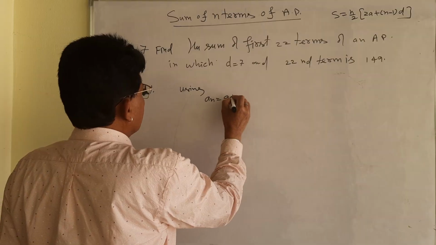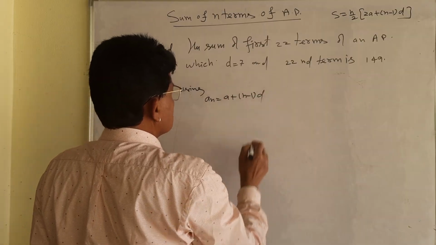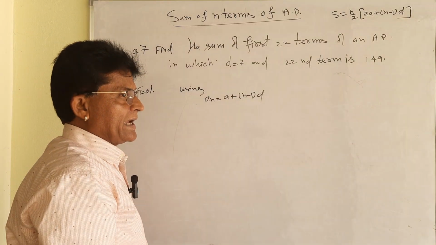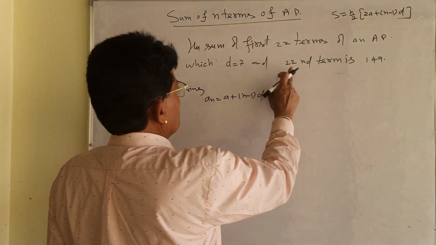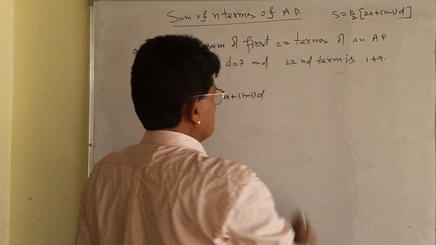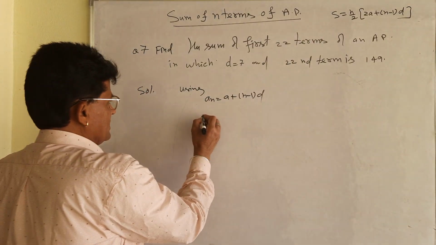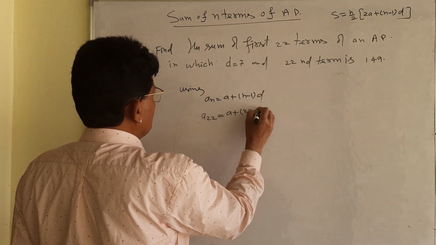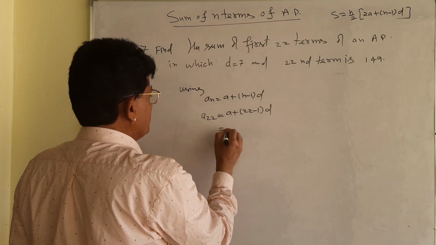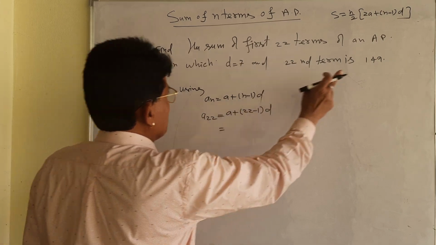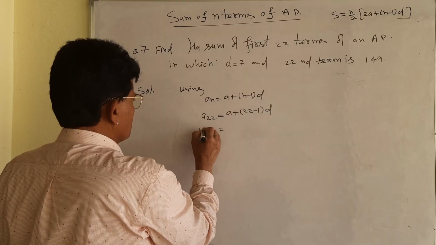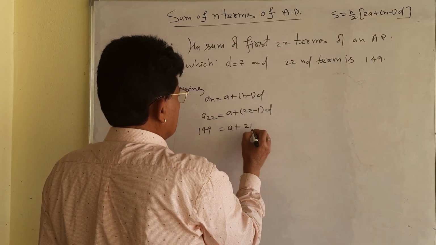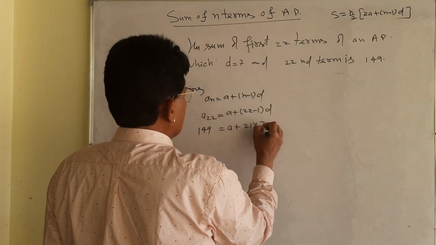an is equal to a plus (n minus 1)d. You see how you can find out? n will be the 22nd term. a22 will be equal to a plus (22 minus 1) into d. d you are having. The 22nd term is how much? You substitute the values. 149. a we are in need. 21 into d, d that is 7.